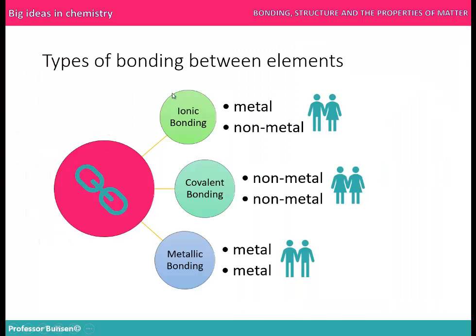Now, let us look at some types of bonds between elements. We normally have only 3 types of bonds, and the first one is ionic bond. When you talk about ionic bond, the type of bond that exists in ions is between metal and non-metal. So in this case, we have an example of a male and a female.